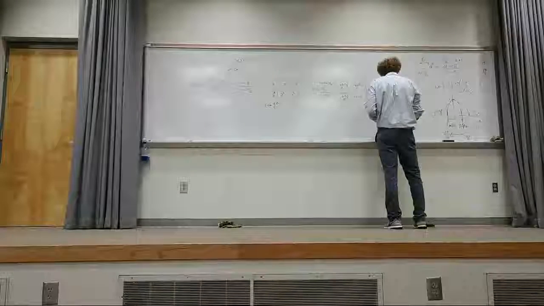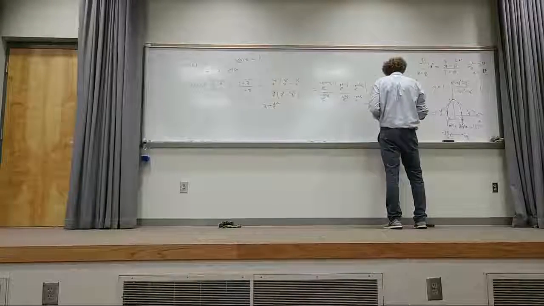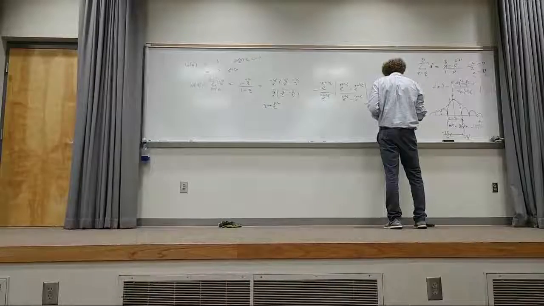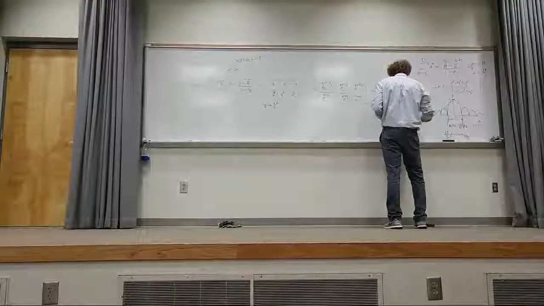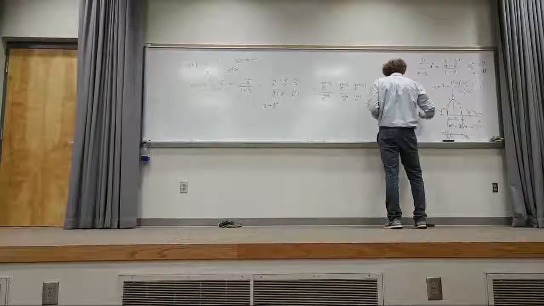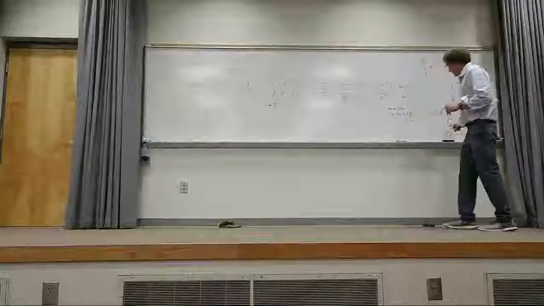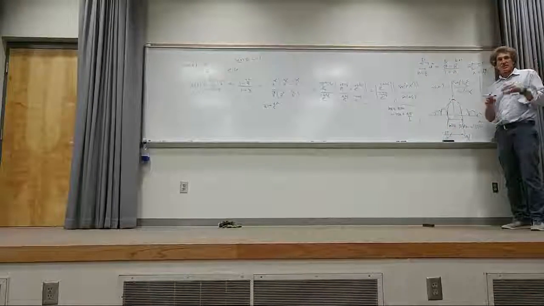The main beam width is equal to 4 pi over L, where L is the number of samples. That's the first thing you have to notice.